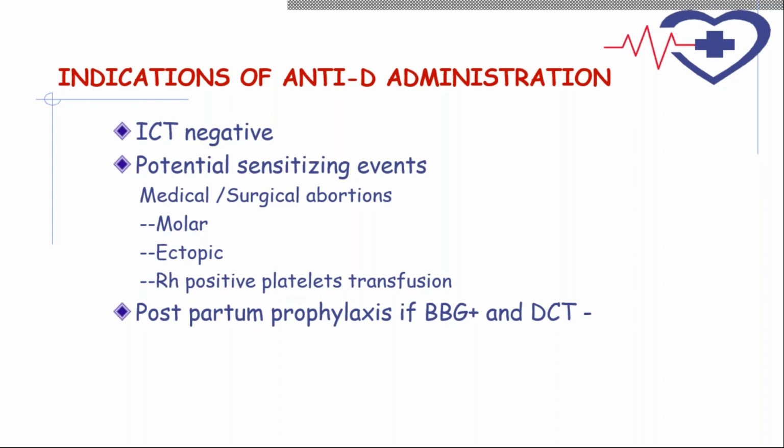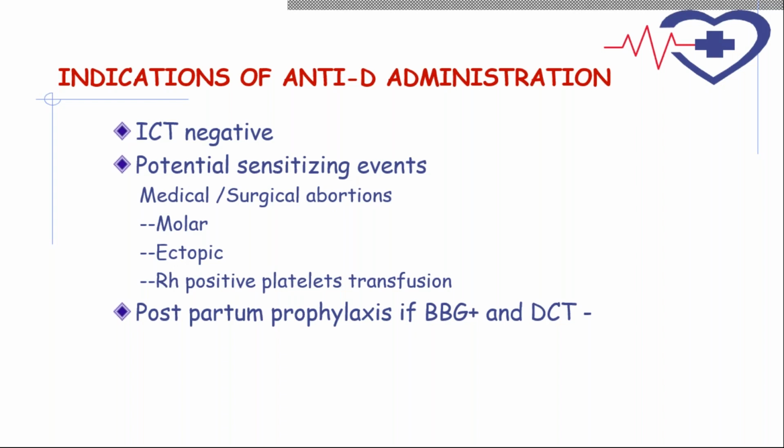We take a cord blood sample and send it for blood group analysis. And if the baby's blood group is positive, and mind you, DCT has to be negative, in that case you will again give the anti-D to the mother, so that all the positive cells present in her circulation are mopped up by this anti-D, and in the next pregnancy there is no memory.